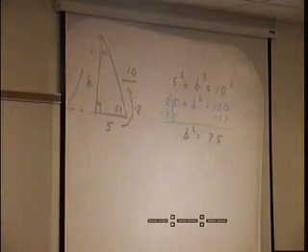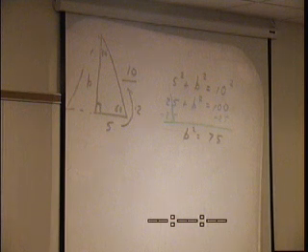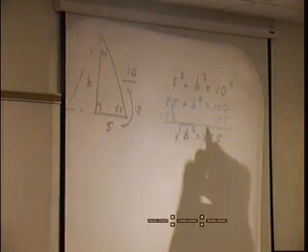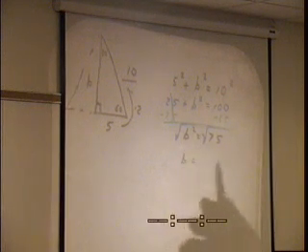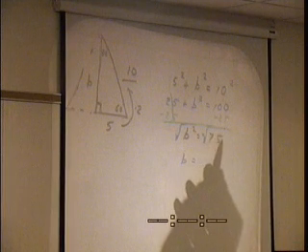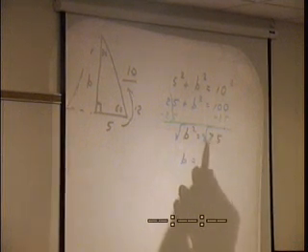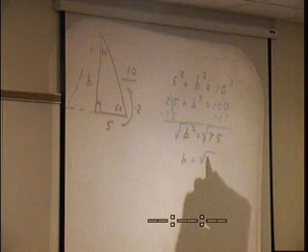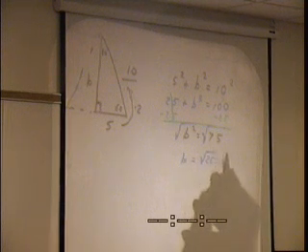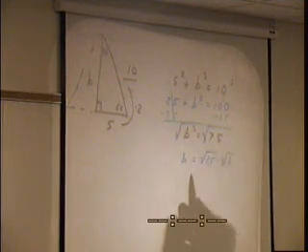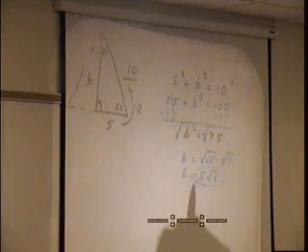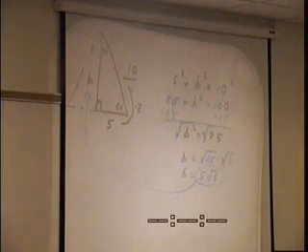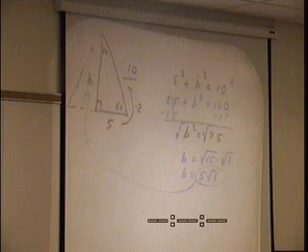Now we're going to take the square root of both sides. And we get b by itself is equal to the square root of 75, but we need to take out the perfect square factor. Square root of 25 times square root of 3. This is 5 root 3. Now this will always be times the square root of 3, and here's the reason.